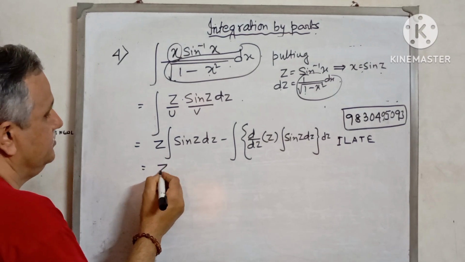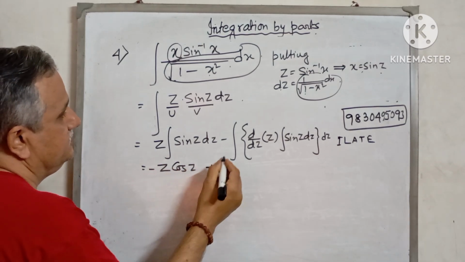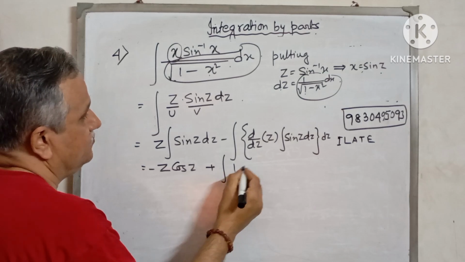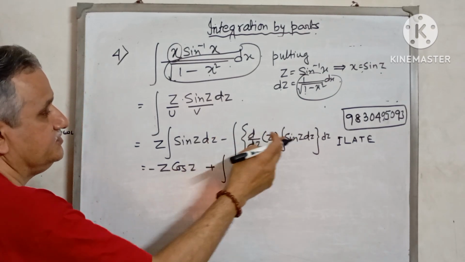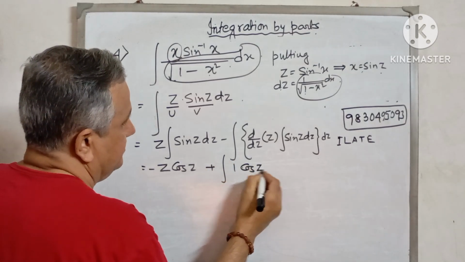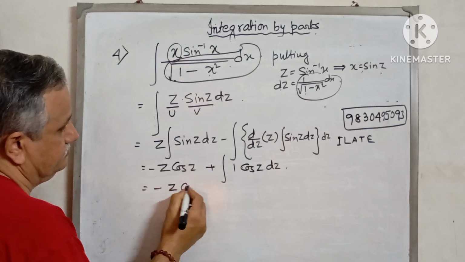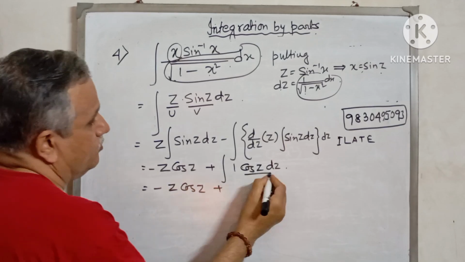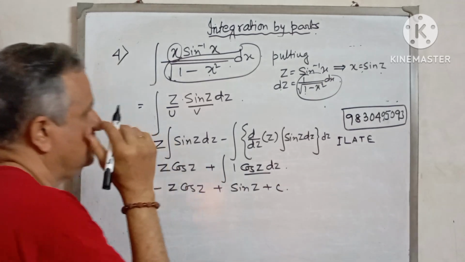So integration of sin z is minus cos z, differentiation of z is 1, integration sin z is minus cos z, that's why we put minus minus plus here, cos z dz. Now integration of cos z is sin z plus c is our answer.